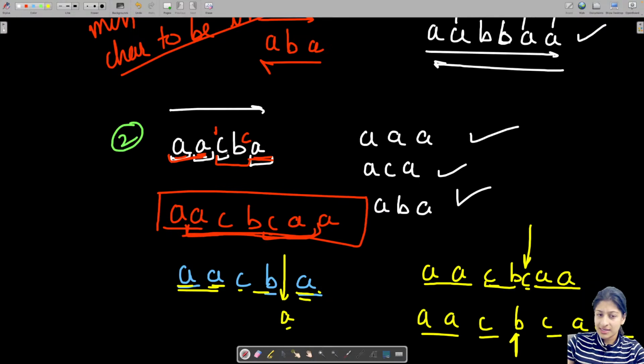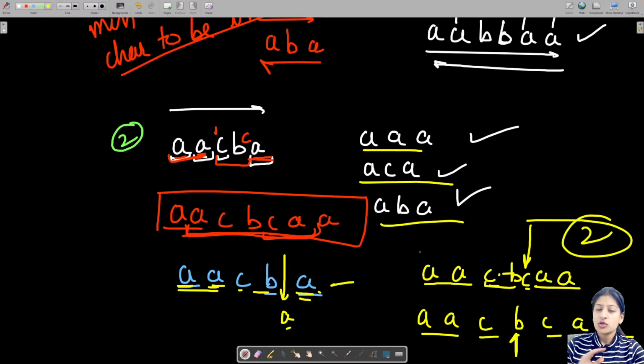So in all the cases, no matter whichever palindrome you are considering for yourself, what did you observe? One insertion plus one more insertion. Total 2 insertions were made here. So no matter whichever palindrome you consider, the thing to note is the number of characters which are left, which are not part of your current palindromic subsequence.